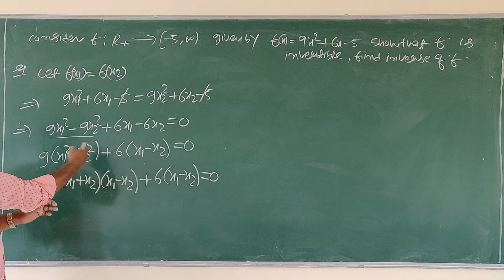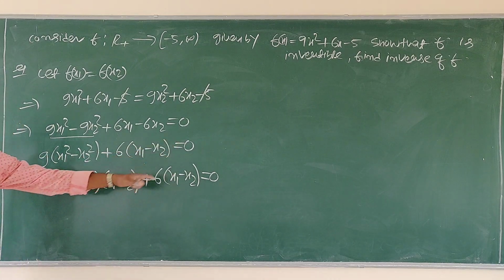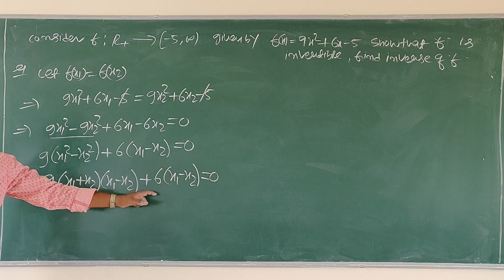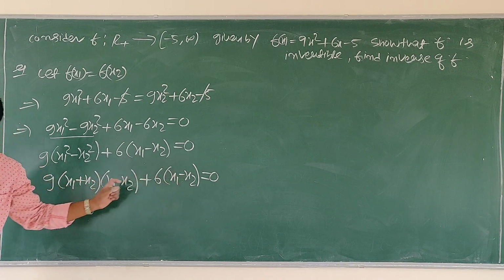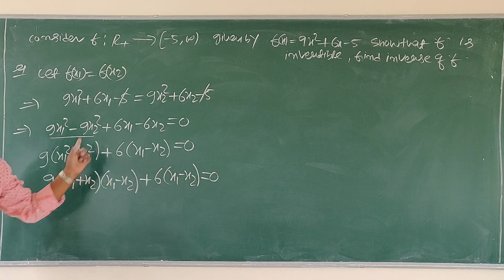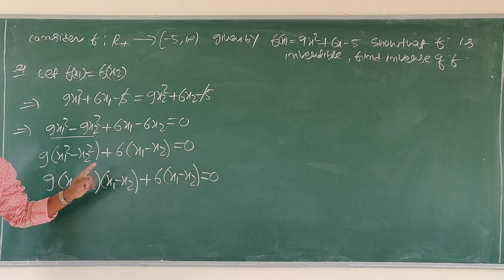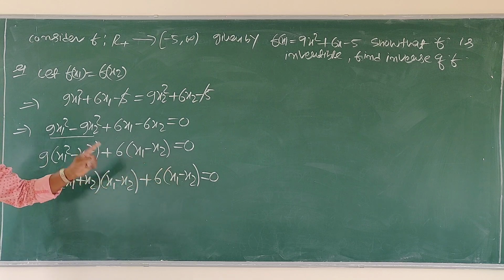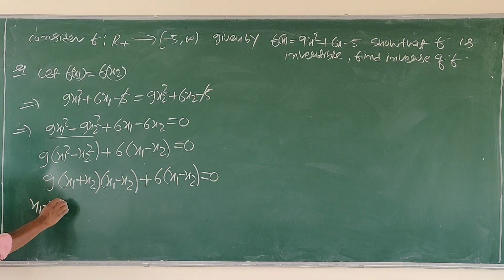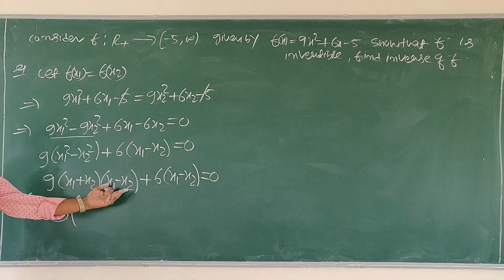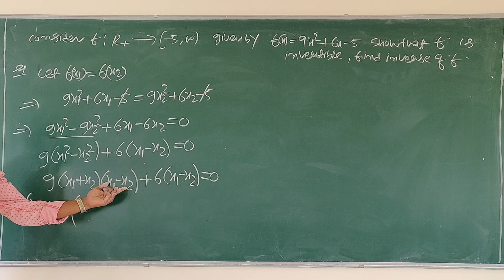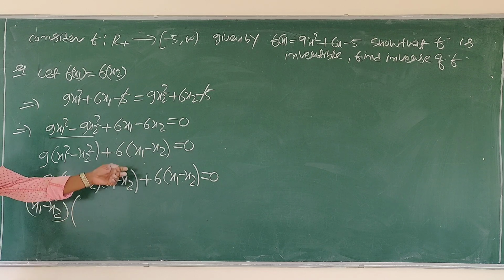You see this full equation, students. There is a common factor in the full equation. Tell me that common: x1 minus x2. It is there in both the terms, which means it should be common. Remove that common and put it outside. So write x1 minus x2. If this x1 minus x2 is removed, tell me the remaining of this term.